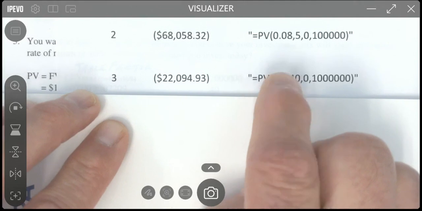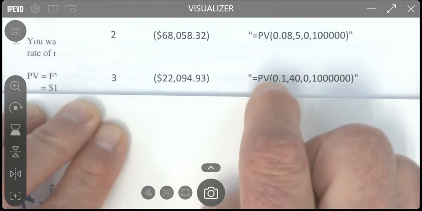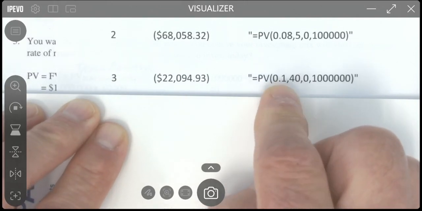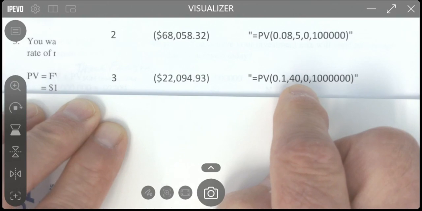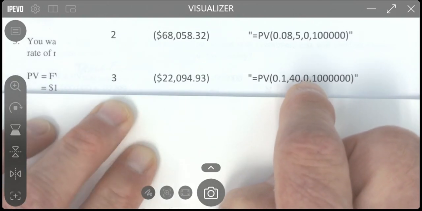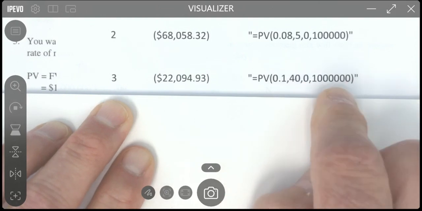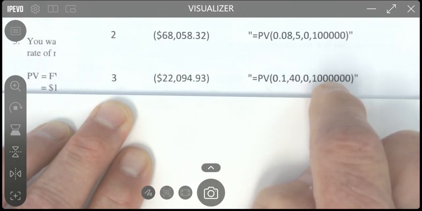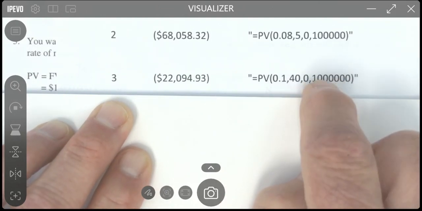What's in the cell is equal PV, present value function, rate 10%, number of periods 40, periodic payment 0, and future value $1 million.